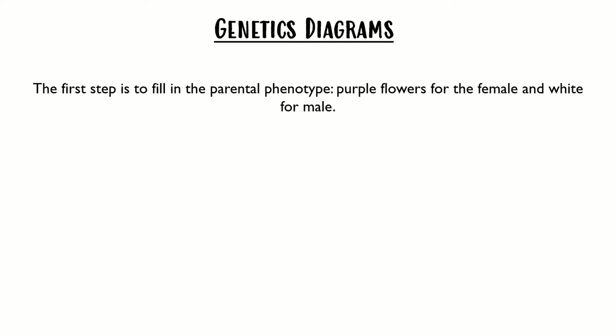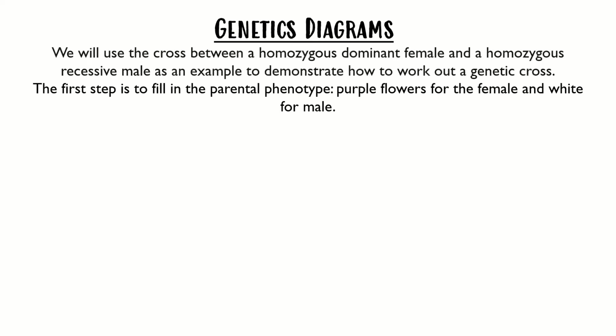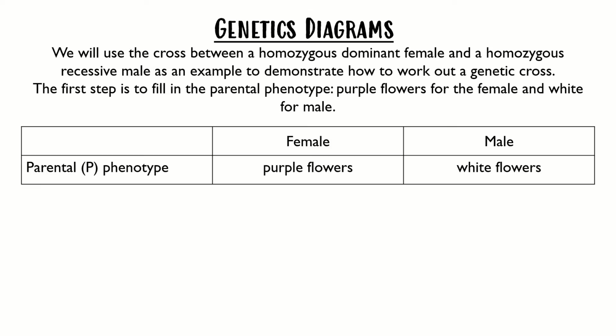The first step is to fill in the parental phenotype, purple flowers for the female and white for the male. That's just what I've chosen. We're going to use the cross between a homozygous dominant female and a homozygous recessive male as an example to demonstrate how to work out a genetic cross.